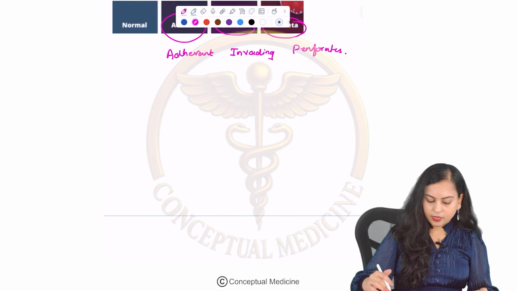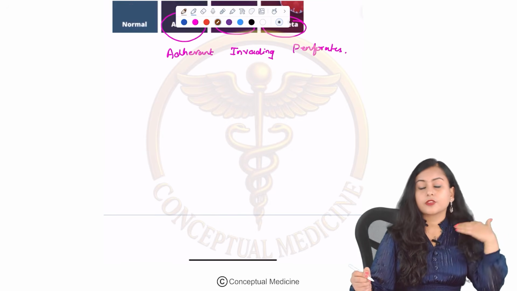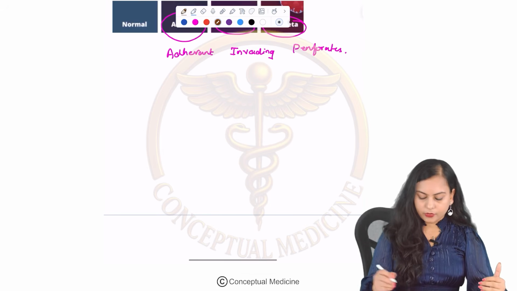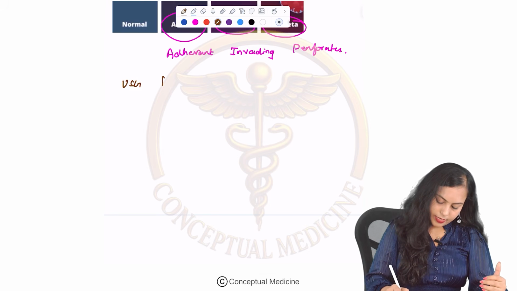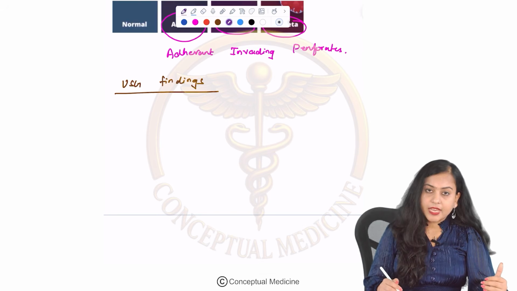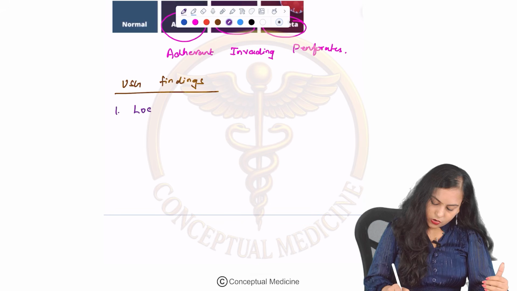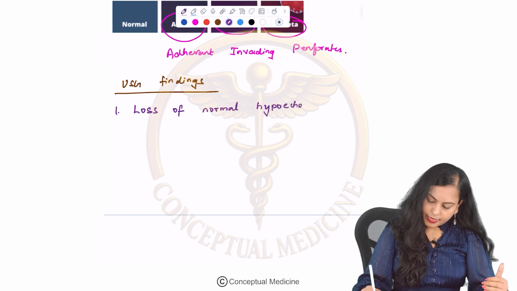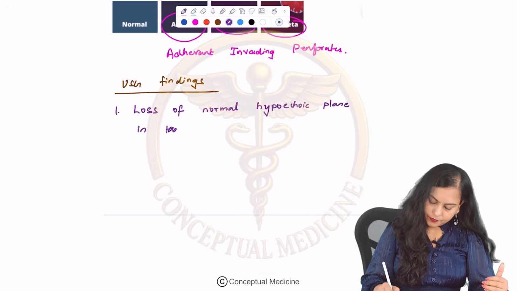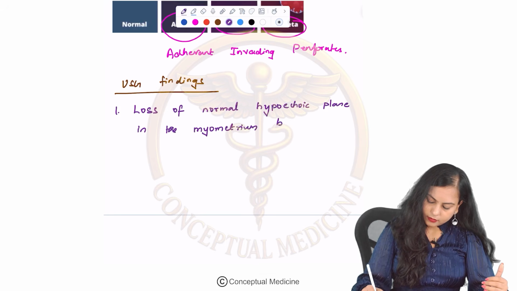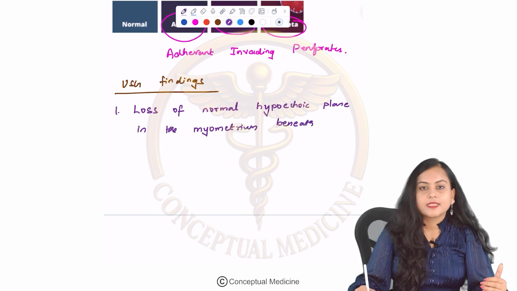Now, let us learn about the ultrasound features of placenta accreta spectrum. Okay, so the ultrasound findings of placenta accreta spectrum. First one, there is loss of the normal hypoechoic plane in the myometrium beneath the placental bed.